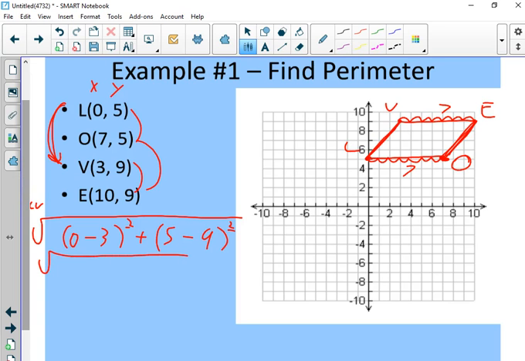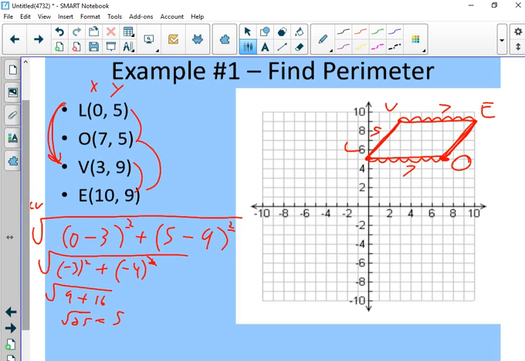So, again, 0 minus 3 is negative 3 squared plus negative 4 squared. That's 9 plus 16, which is 25, which equals 5. So from L to B is 5.